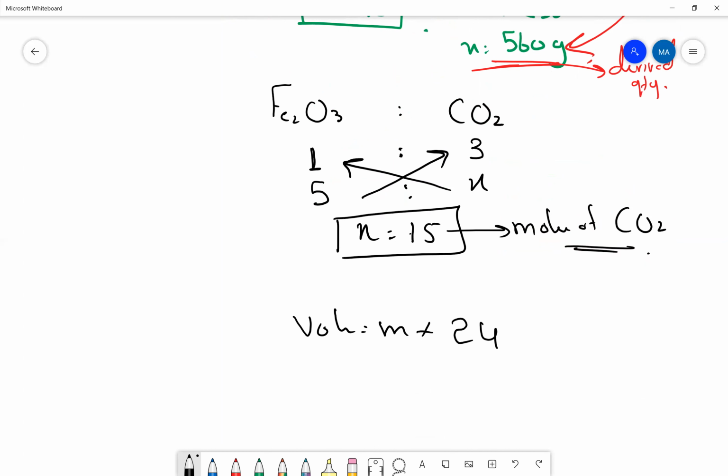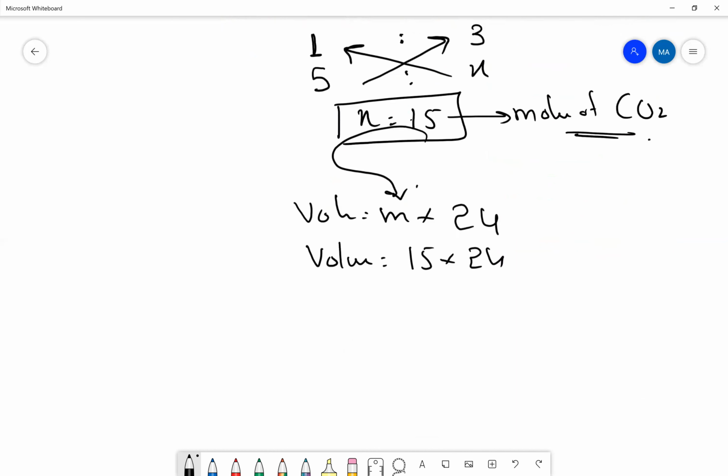We know the moles, so volume is equal to 15 times 24, because 15 was the moles, so we've used this value here. What is 15 times 24? Could you use the calculator? 360. 360 dm cube is the volume of carbon dioxide.